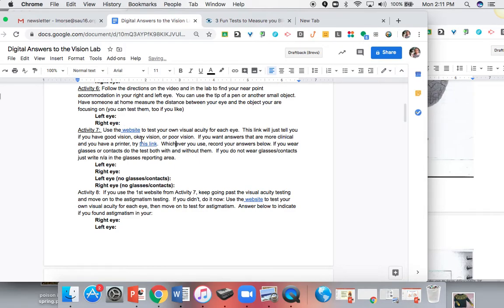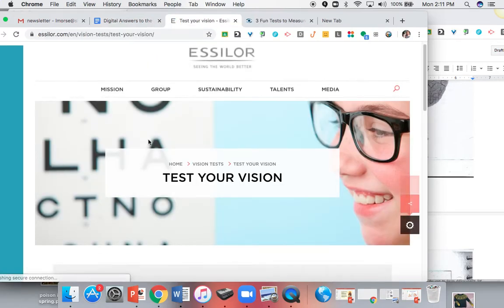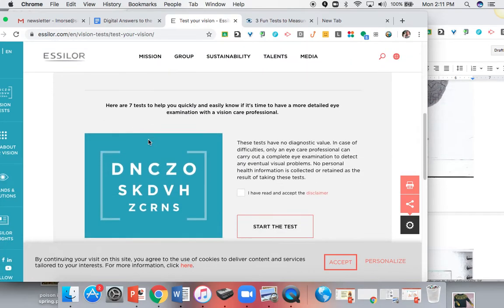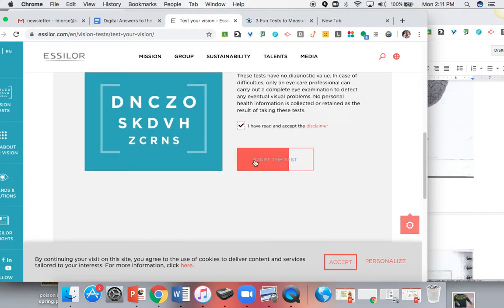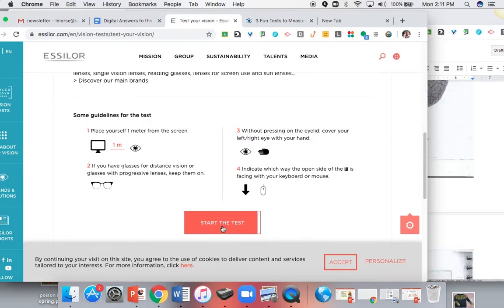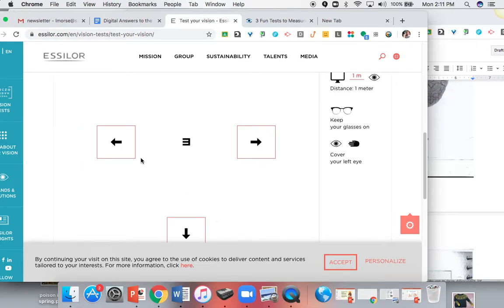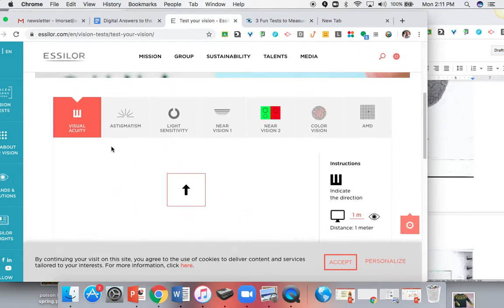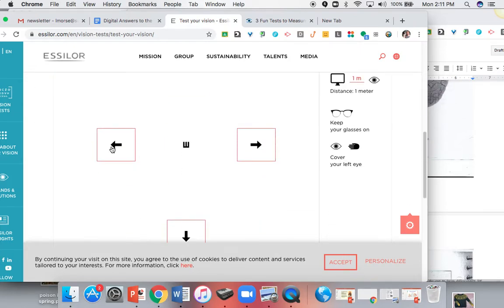All right, there are 2 choices for activity 7. One is this way of measuring your visual acuity. A meter away is about as far away as you can get and still touch your mouse. You cover one eye. This is telling you which eye. I think it's the right eye.